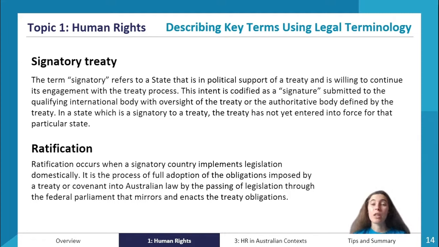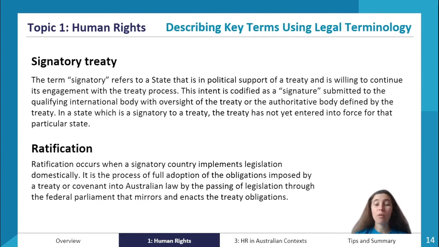Now, ratification is the next step up. So this is when a signatory country, so a country that has submitted its signature to say that it is intending to follow that treaty, is actually implementing domestic legislation to uphold that treaty.